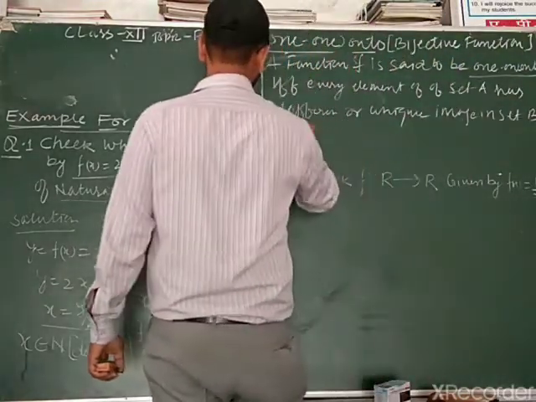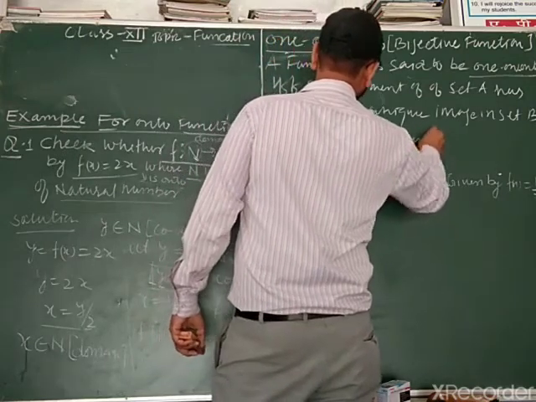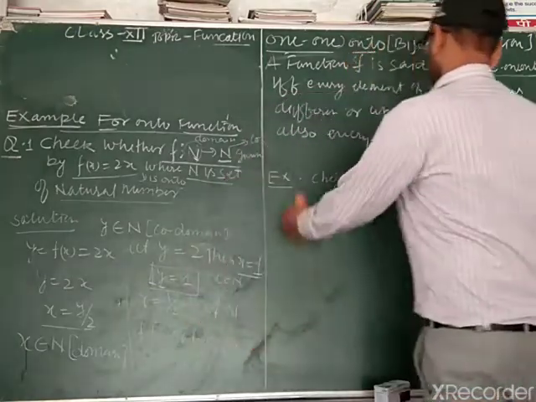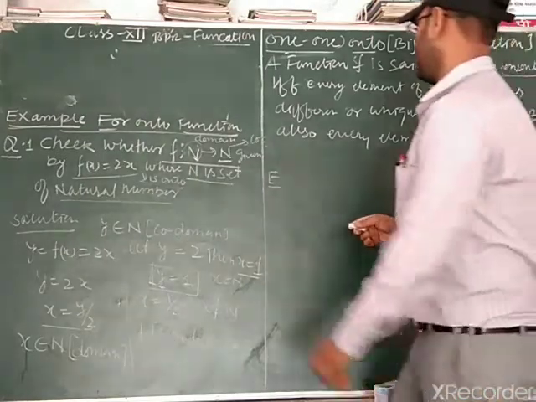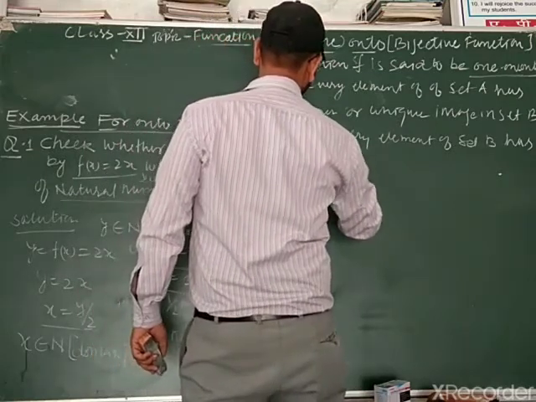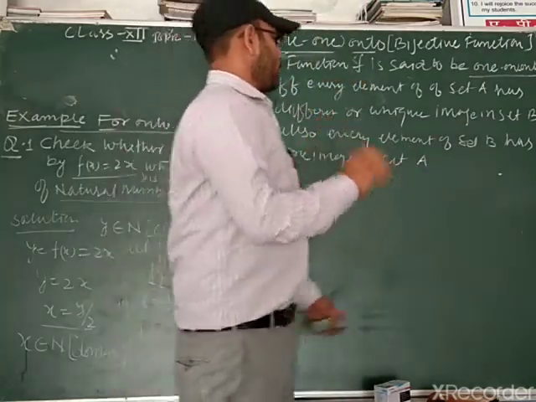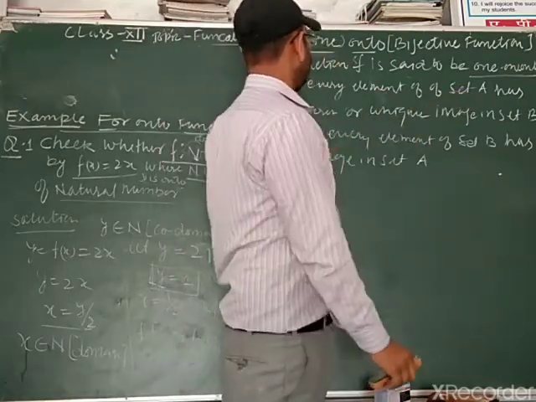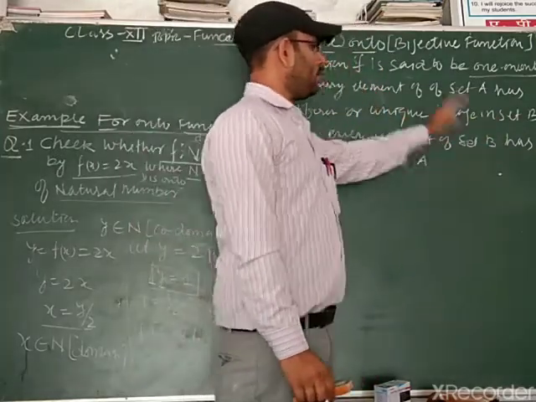Also, every element of set B has a pre-image in set A. Means for one-one onto, every element of set A has a unique image in set B, and every element of set B has a pre-image.